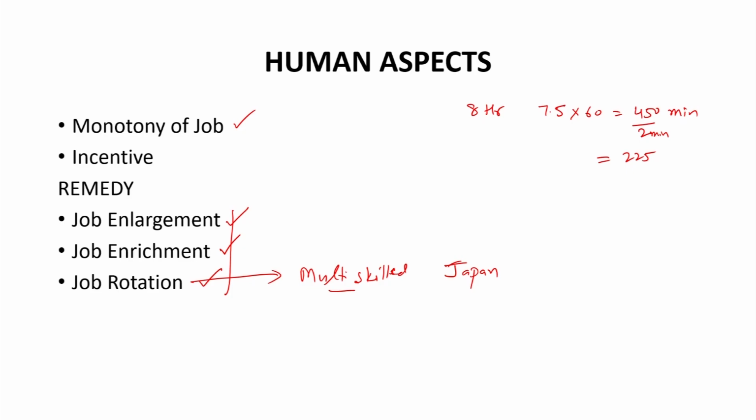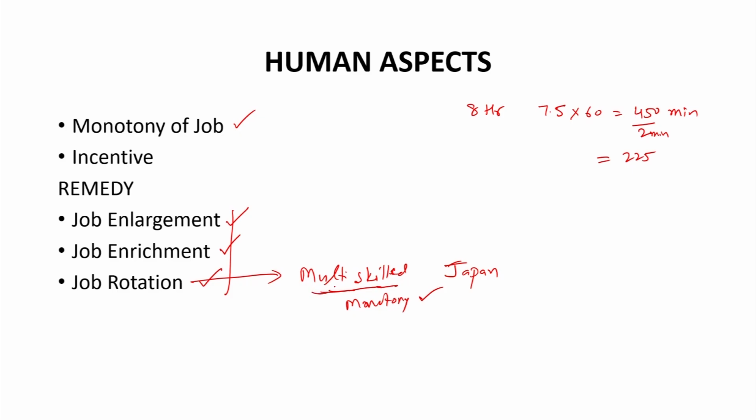So, there are two advantages of multi-skilling. One is that the monotony is broken. Now, the person is able to perform different types of tasks on different days, or maybe a roster is there on a weekly basis or a monthly basis. So, monotony is broken, number one. Number two, if there is a decrease or increase in the demand and you want to rebalance the line, that is possible with the help of multi-skilling.